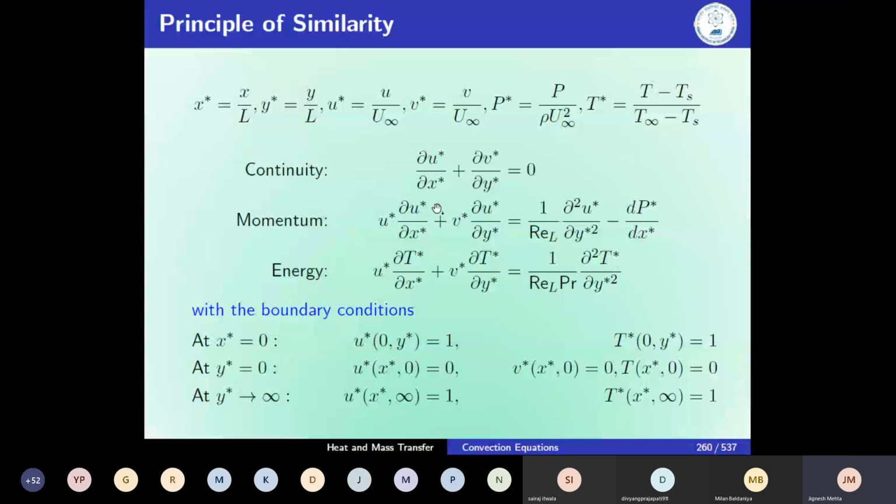Now you apply that to the momentum equation. What you are doing is you have multiplied all the terms with L, and you have divided all the terms by u infinity square, right? And when you do that, you get it in this form.